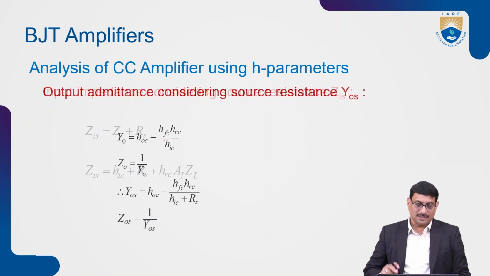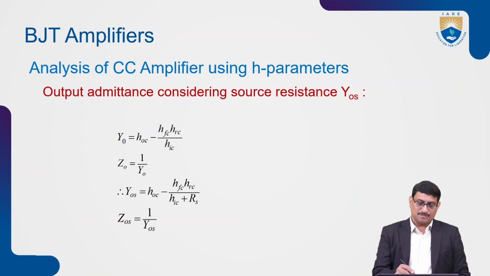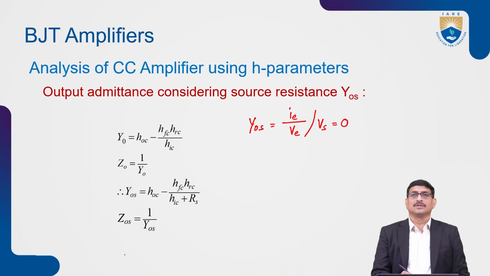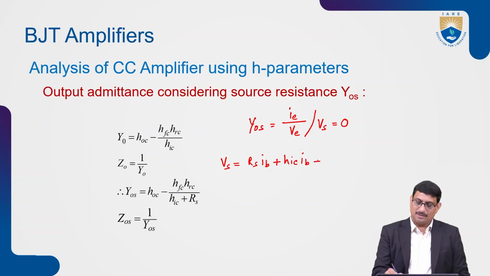Whereas for the output admittance, we will calculate YOS equal to output current divided by output voltage, by keeping the input voltage, now Vs, equal to 0. If Vs is equal to 0, then we write the input equation: Vs is Rs into IB plus HIC into IB plus HRC into VE.